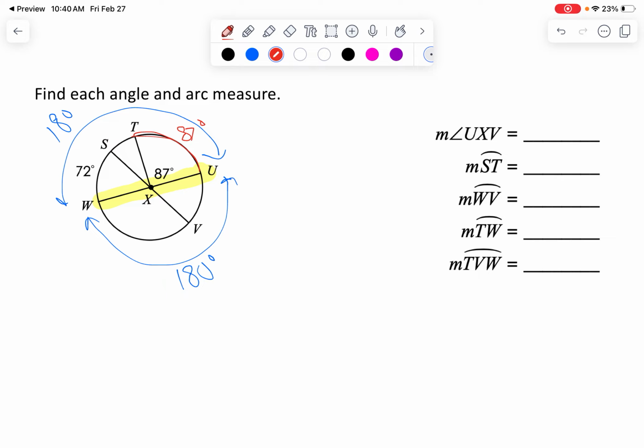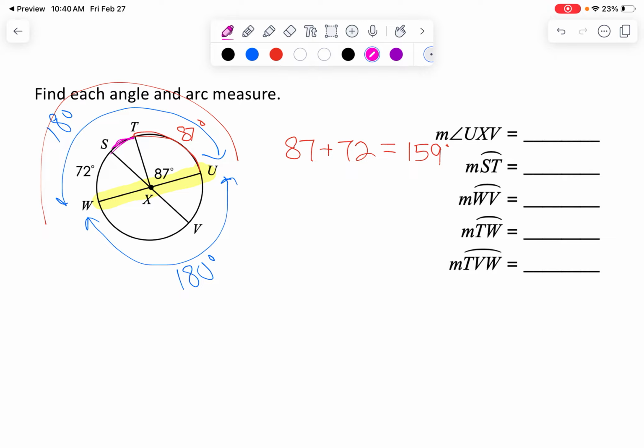Now, if the whole thing from U to W is 180, then I can just say 87 plus 72. Okay, that's 159 degrees. So what do I have left? This arc right here, from T to S, or ST, I need to figure that out.